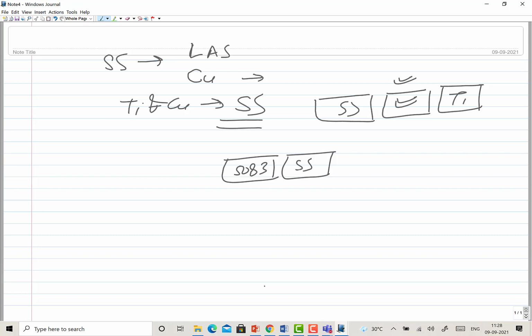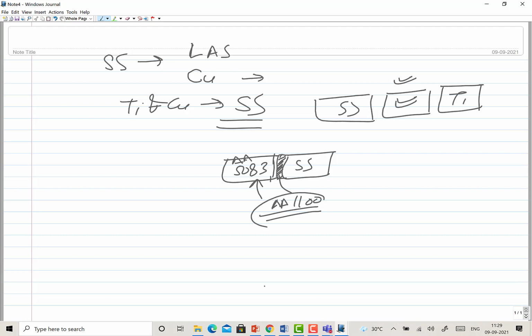In that case, first of all, the stainless steel is welded with, say, 1100 A11, which is basically a pure aluminum alloy, and then this one is further welded to your aluminum alloy AA5083.